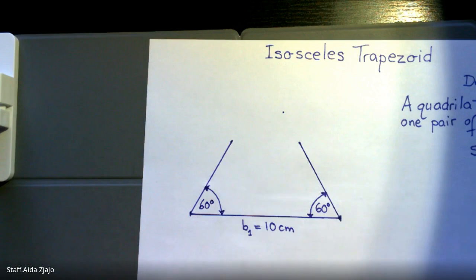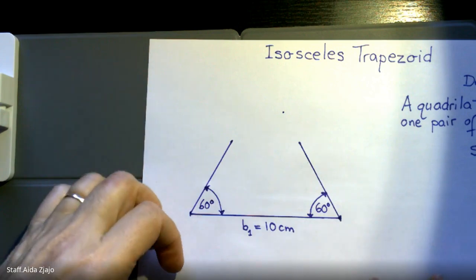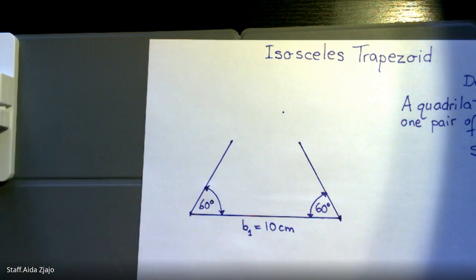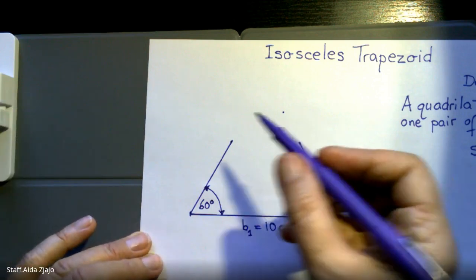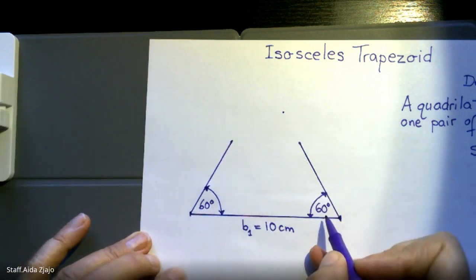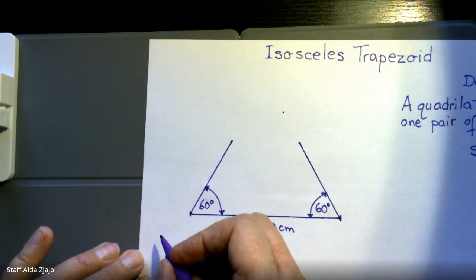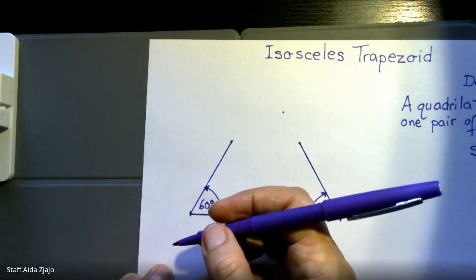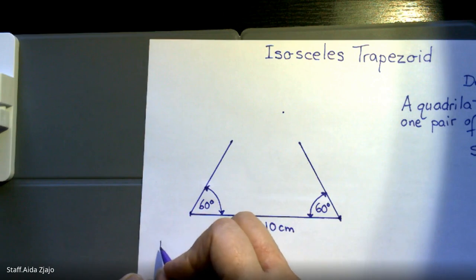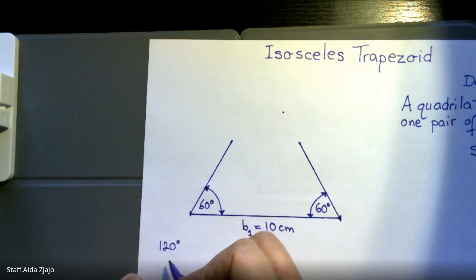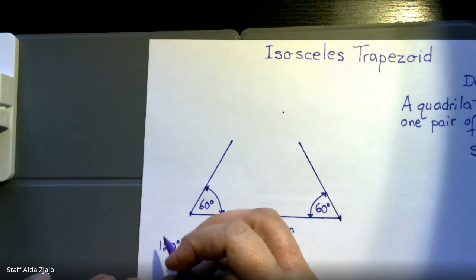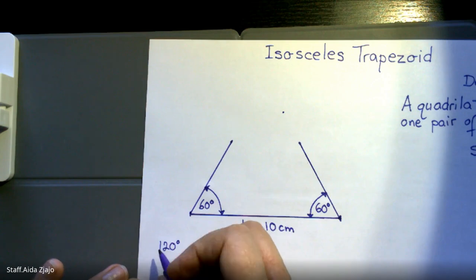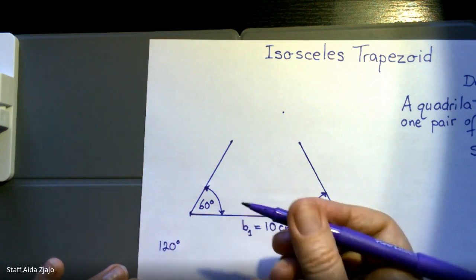Okay. All four angles need to add up to 360 degrees. So I can figure it out. If I have 60 and 60, that's 120 degrees. I can think about what 120 degrees and what will make all 360 degrees.